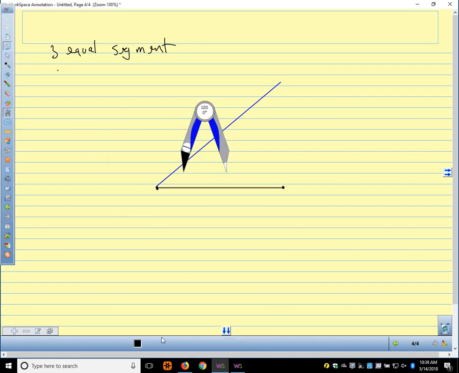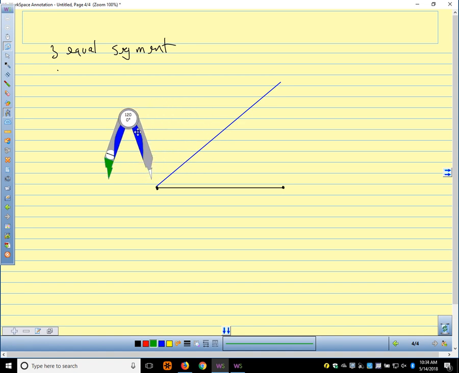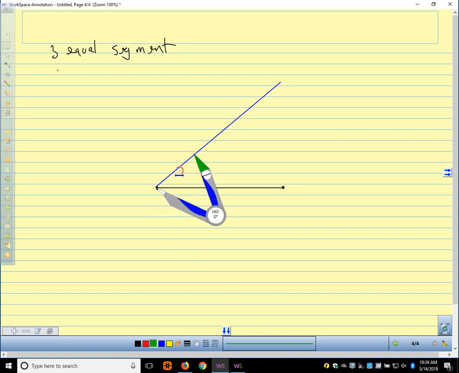I'm going to take my compass, the green one, and just mark out 3 equal pieces. So I can just do 1 and then move the compass there, 2, move the compass there, 3.